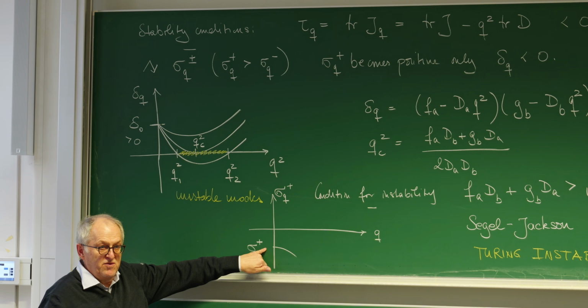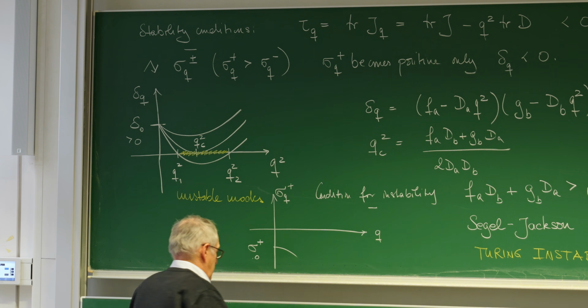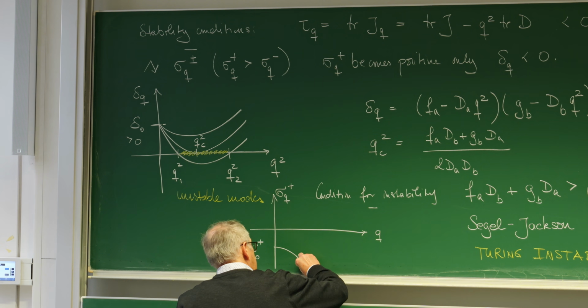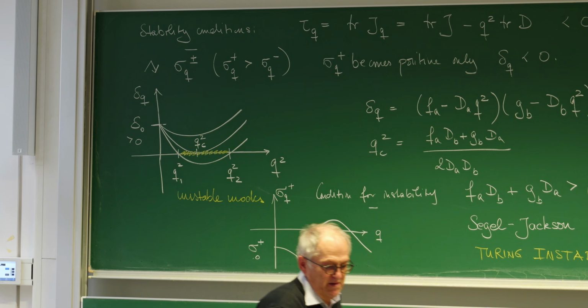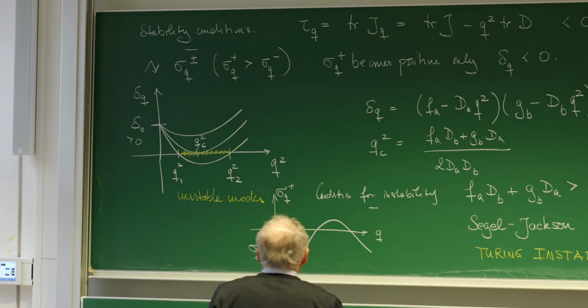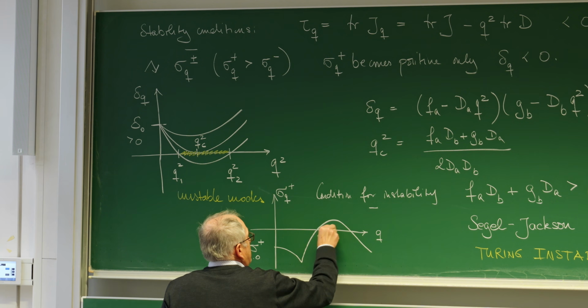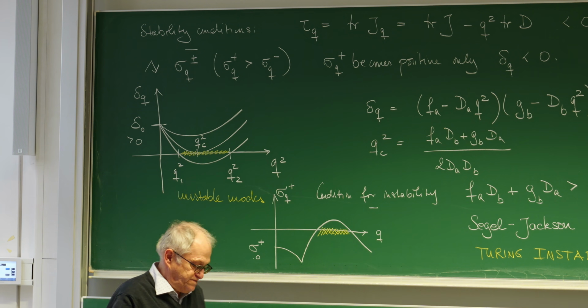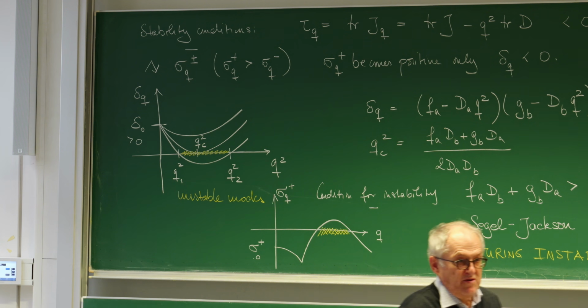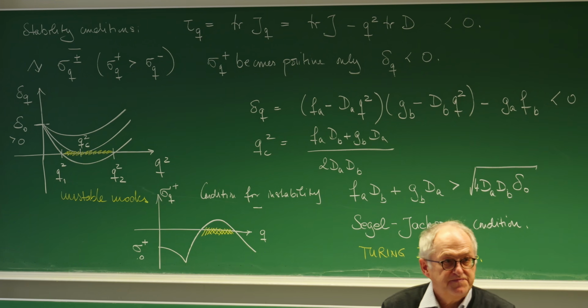So the eigenvalue at zero wave vector has to be negative. And then when you plot it, this is the structure that you typically get. And here in between, this is again our band of unstable modes. Good, let's stop here. Do you have questions?